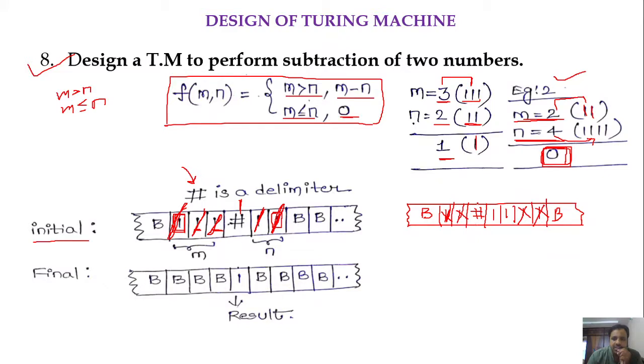So in this case, we will convert this hash to 0 and we will mark all the ones which are there in n with blanks. So this is how we perform this subtraction.